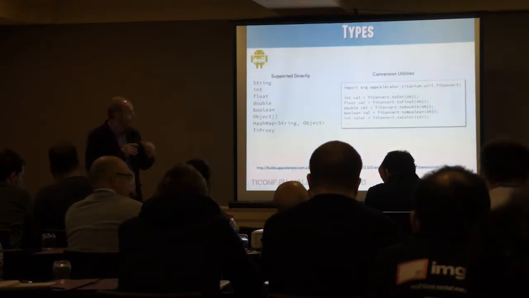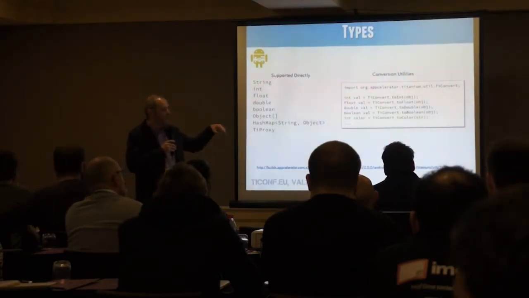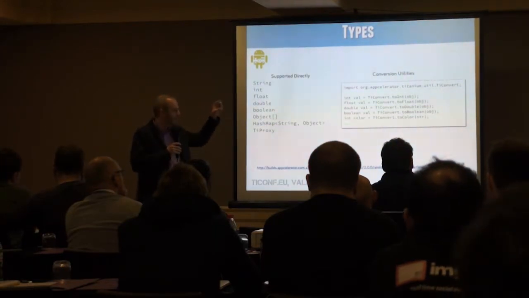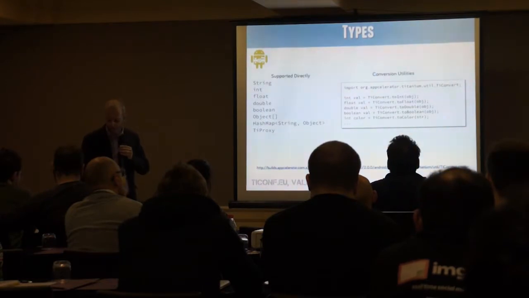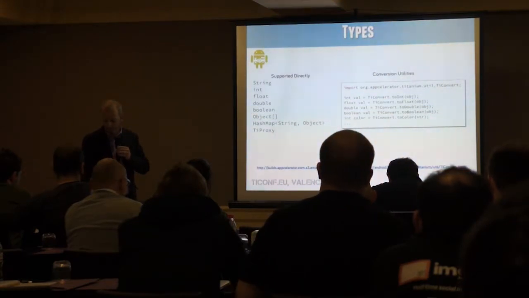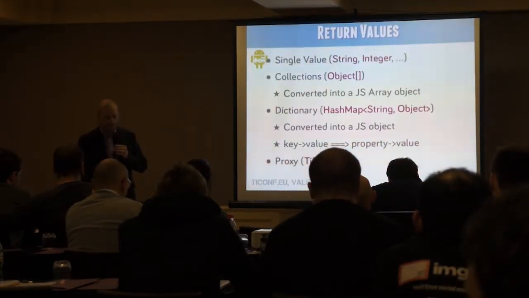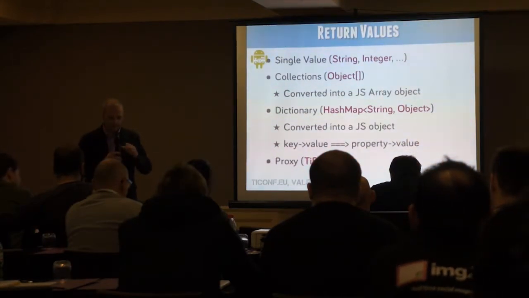Array is mapped on an object array, and JavaScript objects are mapped on a hash map, which is basically a KrollDictionary. And also here we have a bunch of conversion utilities. Same thing for the return values. Exactly the same concepts.